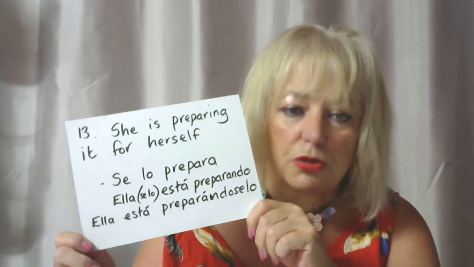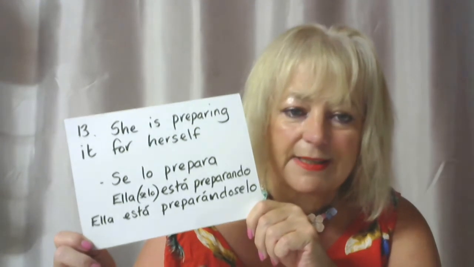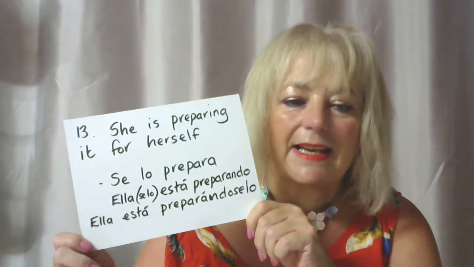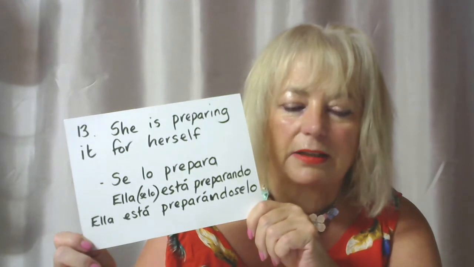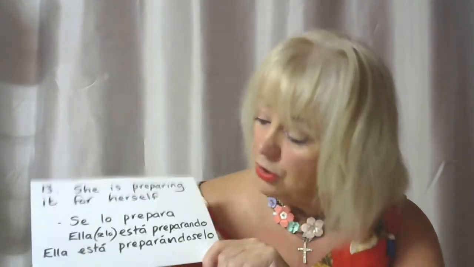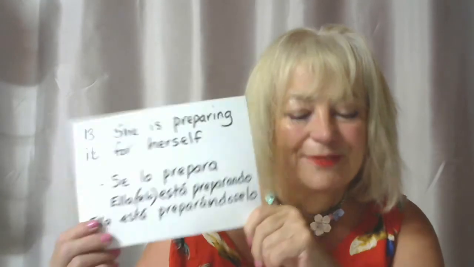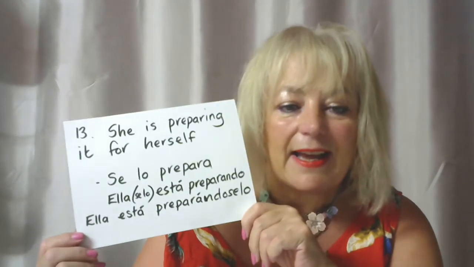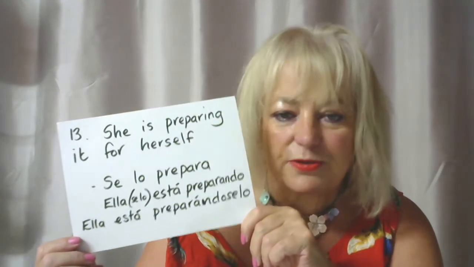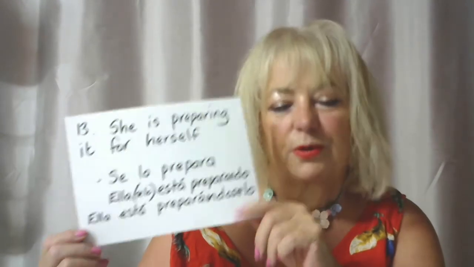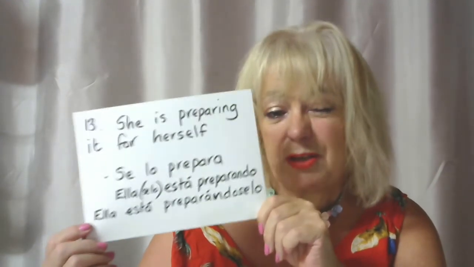Or you could use the ing word and say, ella se lo está preparando. And because it's an ing word, you can also tag it onto the end like you can with the infinitive. Ella está preparándosela. ¿Vale? So three ways you could say that sentence.